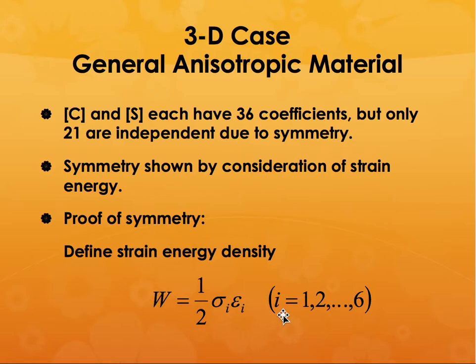You can say that W is equal to 1/2 of sigma times epsilon. So for every individual point, you can get that energy, and if you integrate over the entire volume, you can get the energy density.